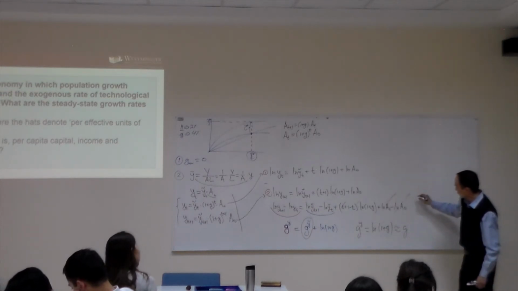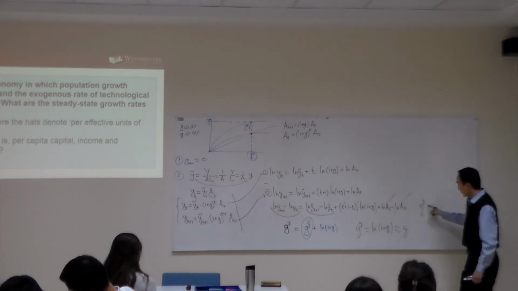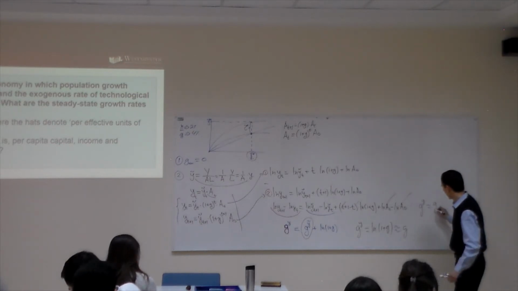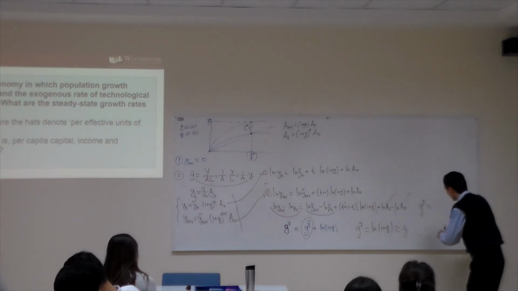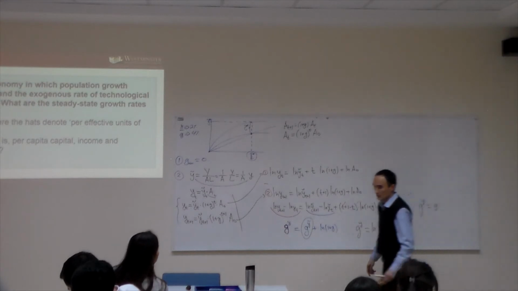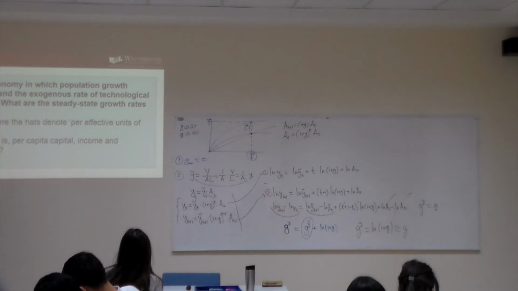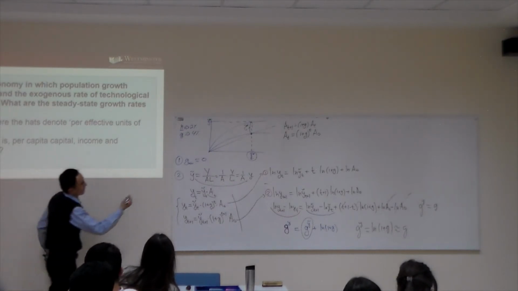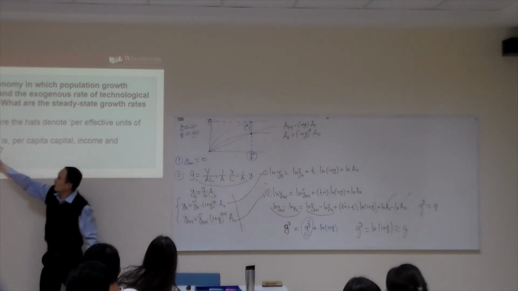Which means that the growth rate of output per worker is equal to the growth rate of technology, g. Okay? So the answer for y is that Y will grow by 4%.